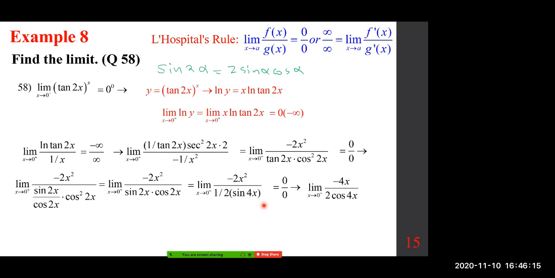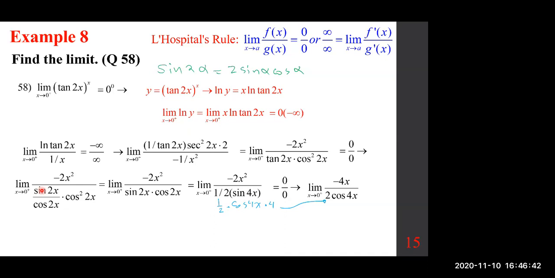In other words, if I want to write this for you, class, it would be 1/2 cosine and then 4. That's how we arrive at this. And now we replace the x with 0. The top becomes minus 4 times 0, which is 0, and the bottom becomes 2 times 1.